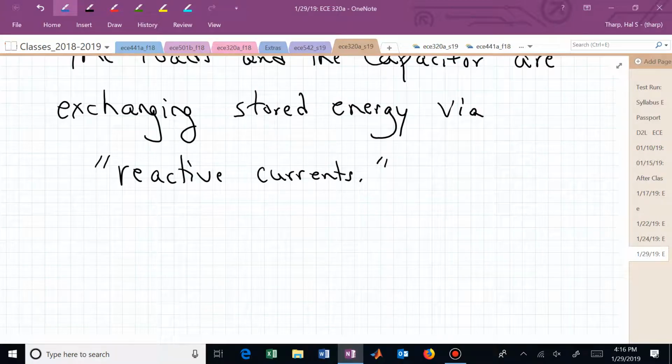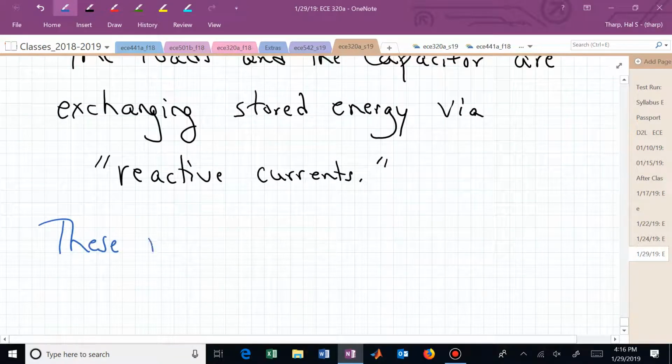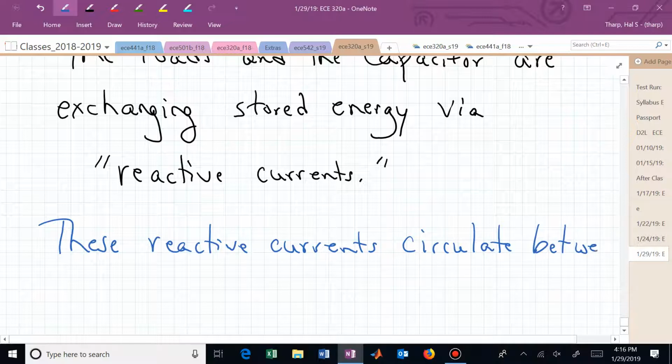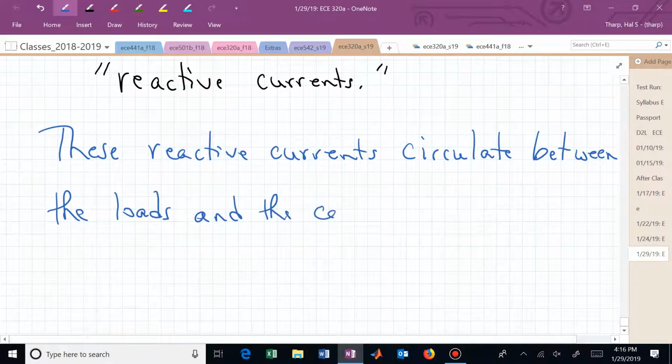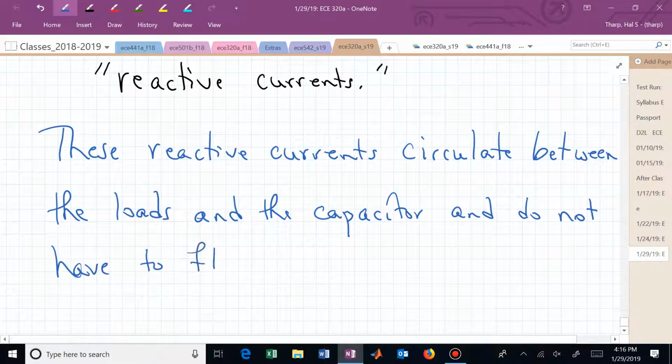Where these reactive currents circulate between the loads and the capacitor and do not have to flow across the lines.